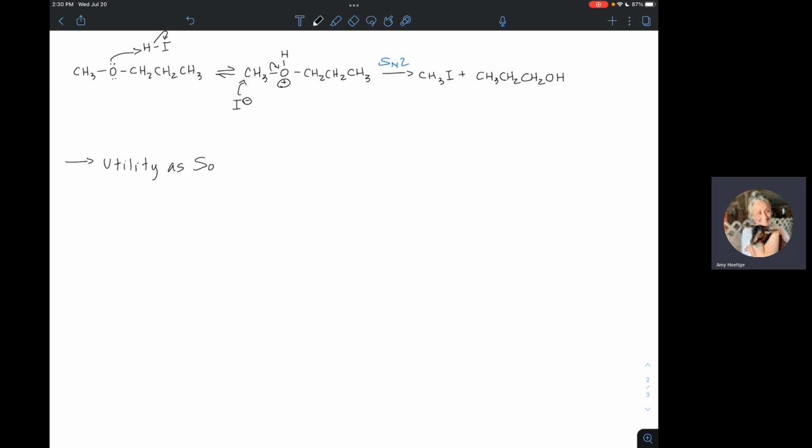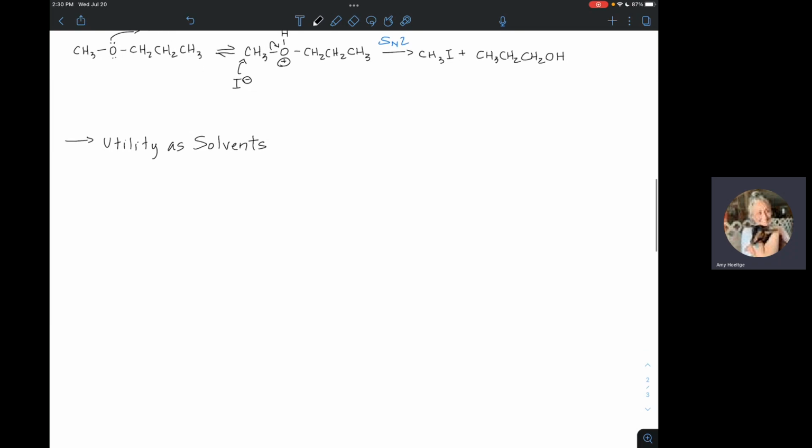I just want to share with you a few examples of pretty common solvents that are ethers. So one that you're probably familiar with, when someone just says the word ether, they're usually talking about diethyl ether.